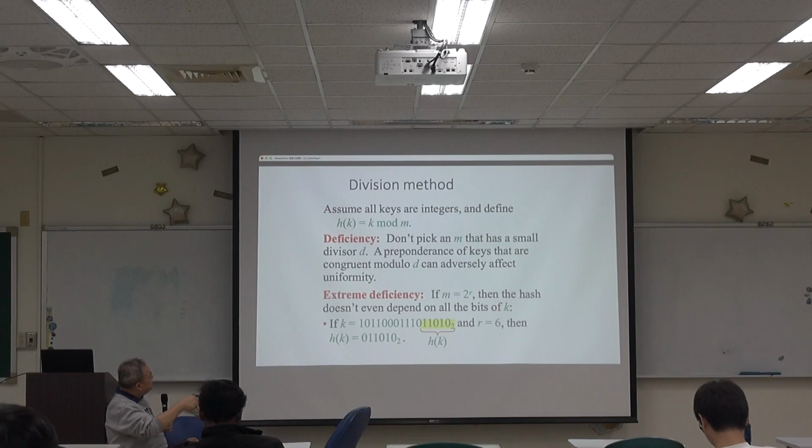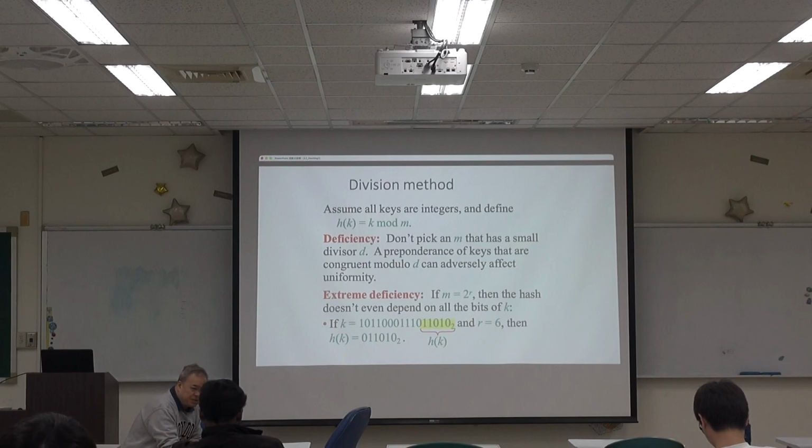First, if you use this way to compute your hash, m probably should not have a small divisor d. If m has a small divisor d, you will find that this hash function results in collisions very easily. You can come up with some examples by yourself.